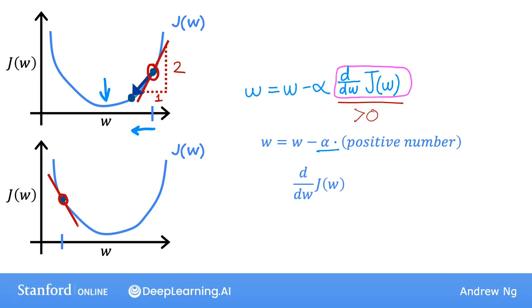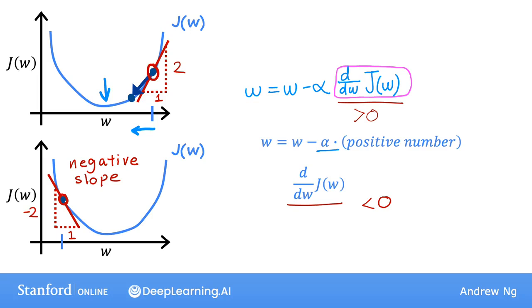But this tangent line is sloping down and to the right. And so this line has a negative slope. In other words, the derivative of J at this point is a negative number. For instance, if you draw a triangle, then the height is -2 and the width is 1. So the slope is -2 divided by 1, which is -2, a negative number.